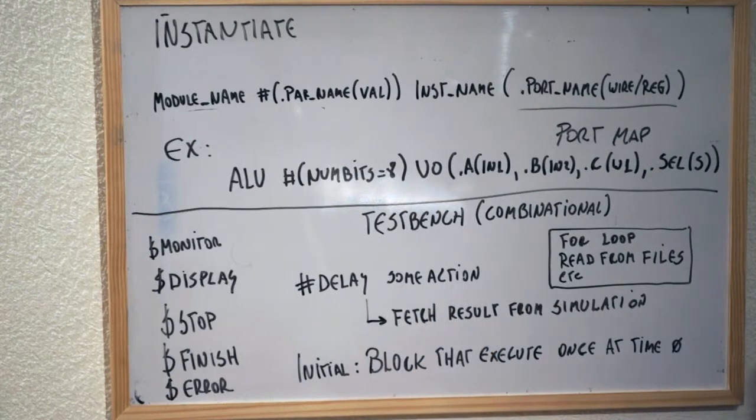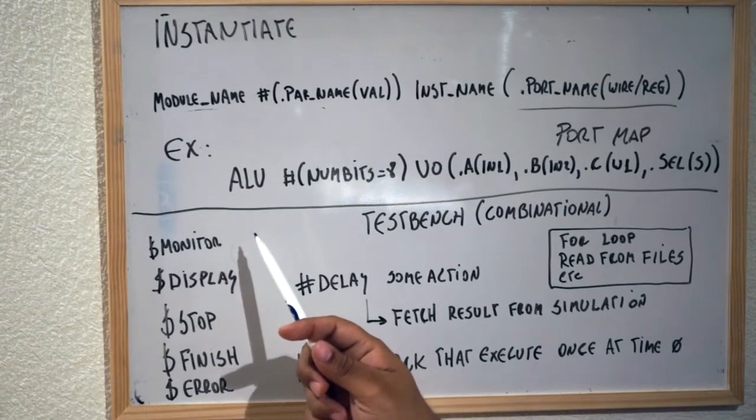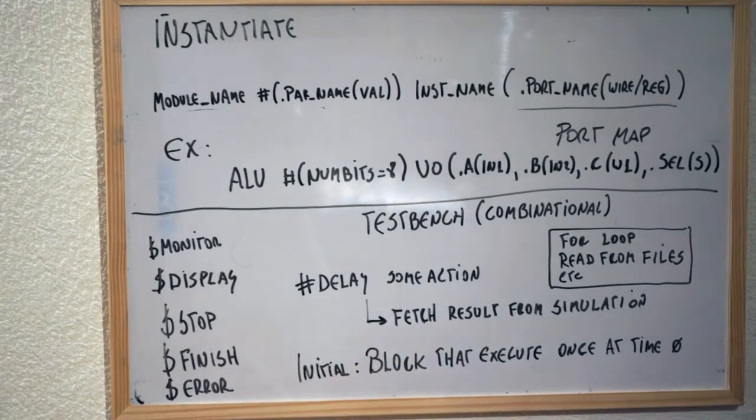As I said also, when you create test benches, you have a bigger subset of the Verilog language. One of them is display, which is kind of the printf of Verilog. Here you can add a message that you want. The stop is going to stop the simulation, the finish is going to finish the simulation, and the error is going to create a message and also point out that the test bench has an error.